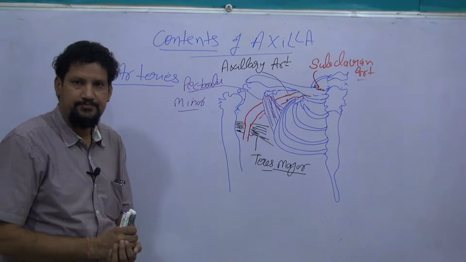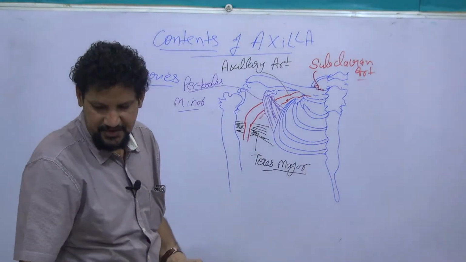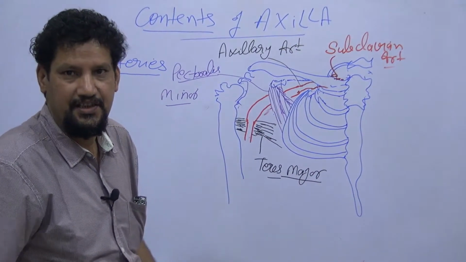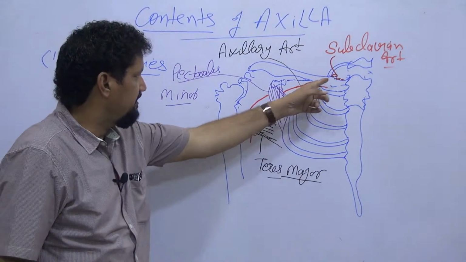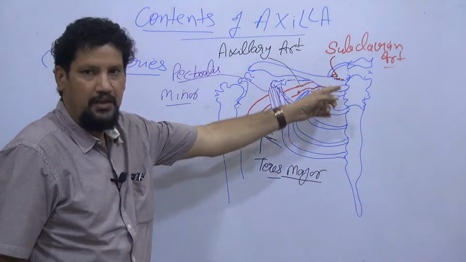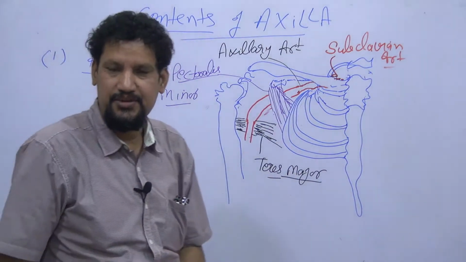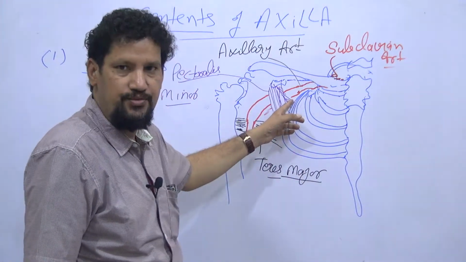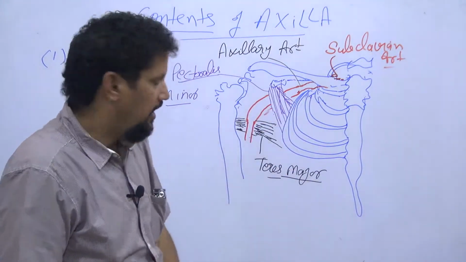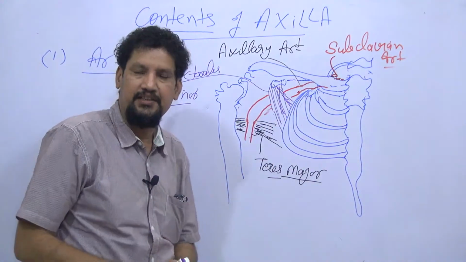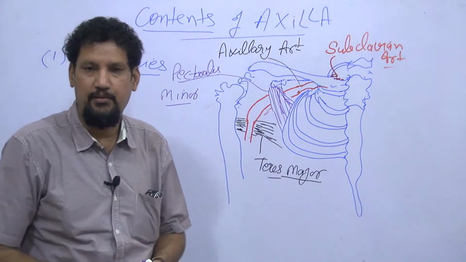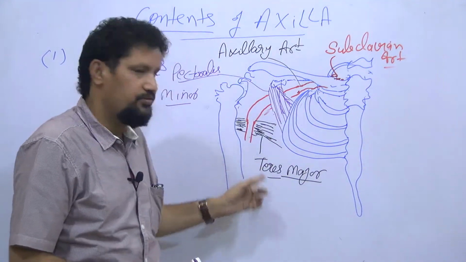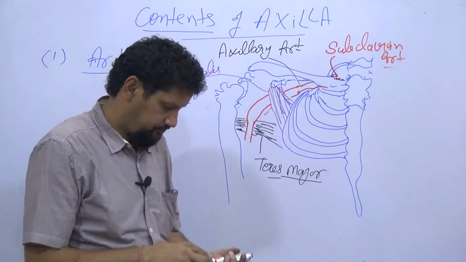So here the name of the artery is subclavian here. When the artery leaves the outer border of the first rib, the name is changed to axillary artery, and when this axillary artery is leaving the lower border of the teres major, the name is changed to brachial artery.